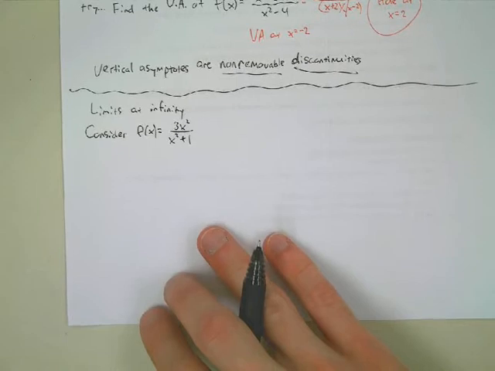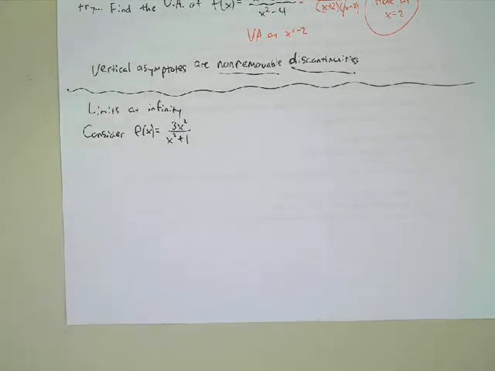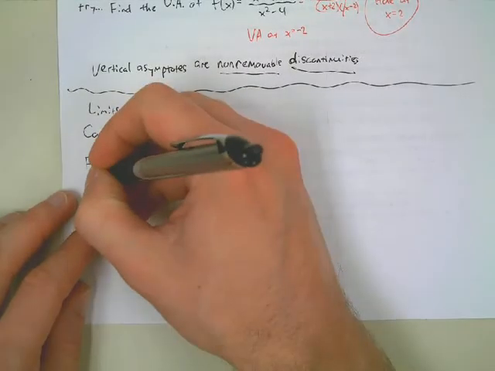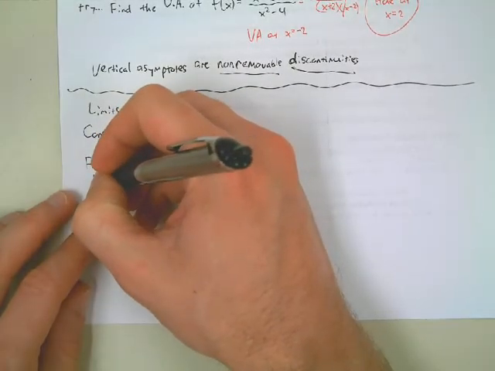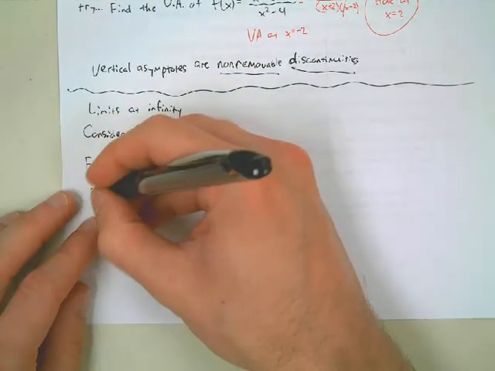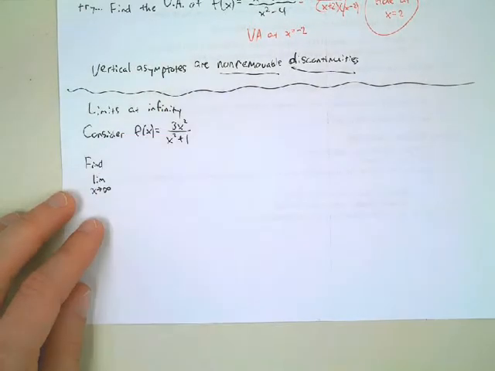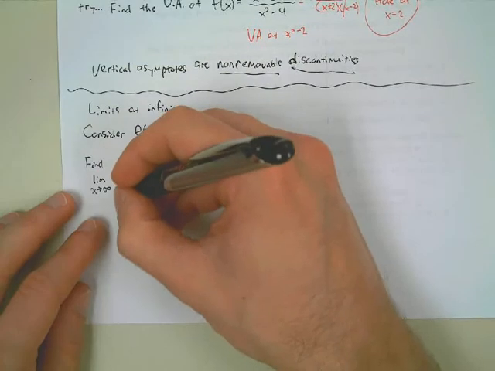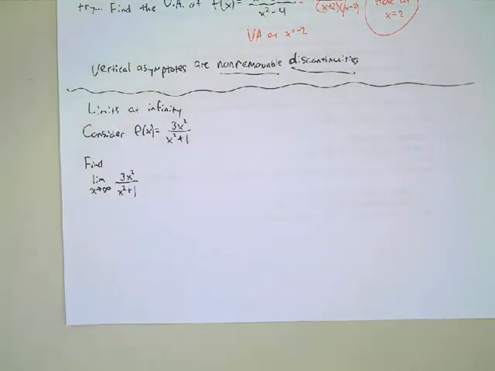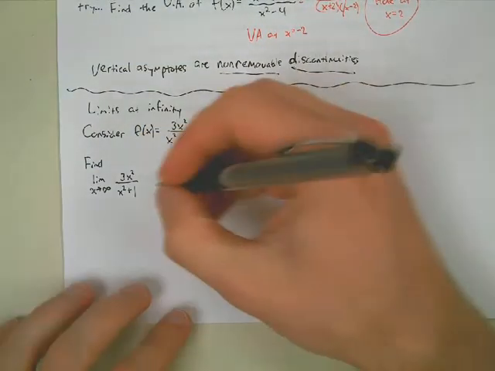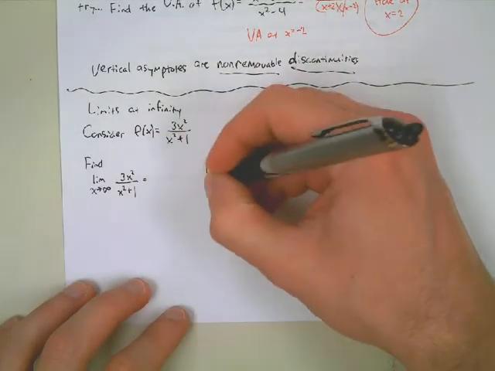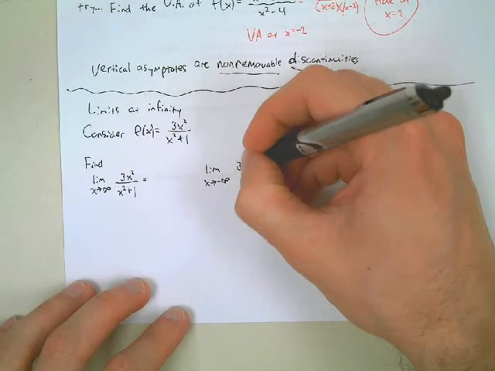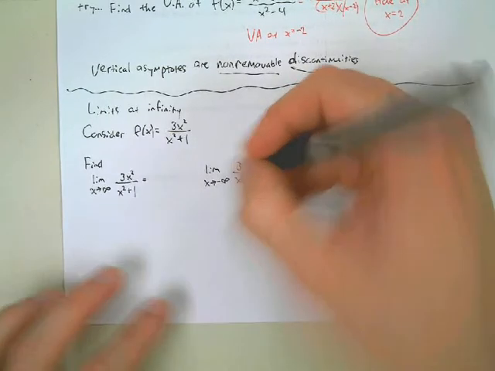And I want us to find the limit as x approaches infinity of 3x squared over x squared plus 1. And I also want us to find the limit as x approaches negative infinity of 3x squared over x squared plus 1. Okay?